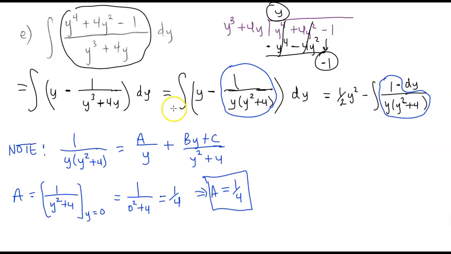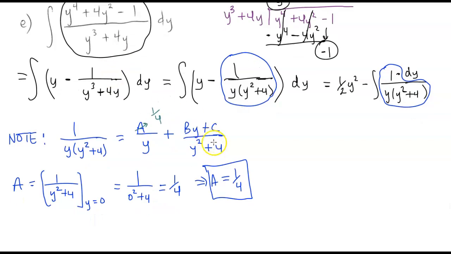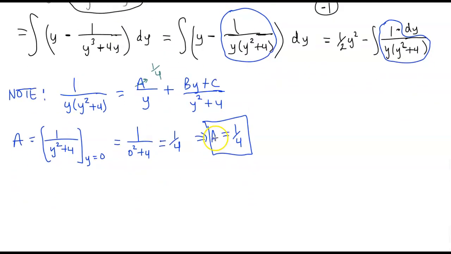So this is going to be replaced with a 1/4. And what that also means is that we need to subtract this 1/4 divided by y from both sides, so that we have (By plus C) divided by (y squared plus 4) by itself. So therefore, I'm going to switch colors here.